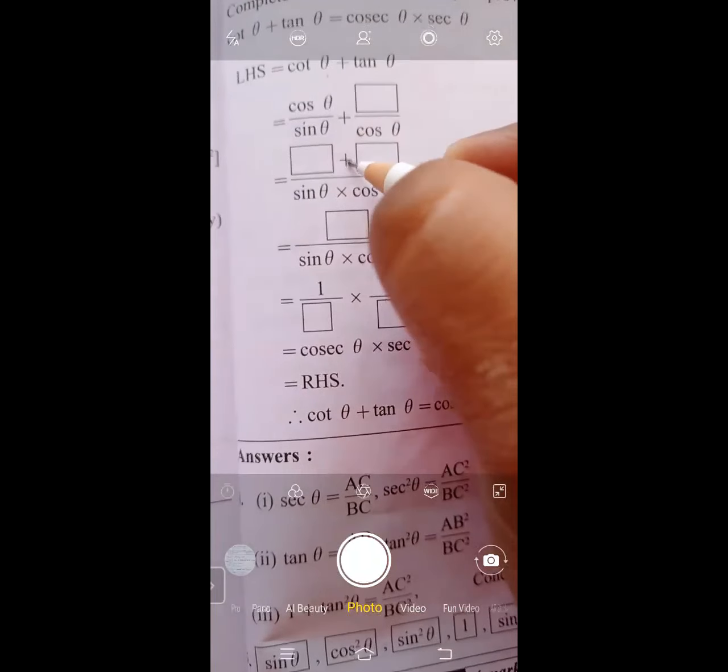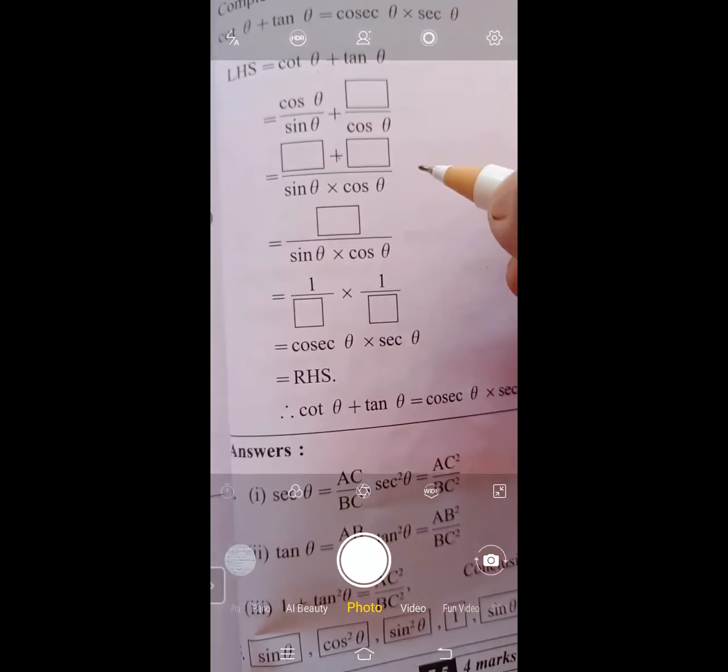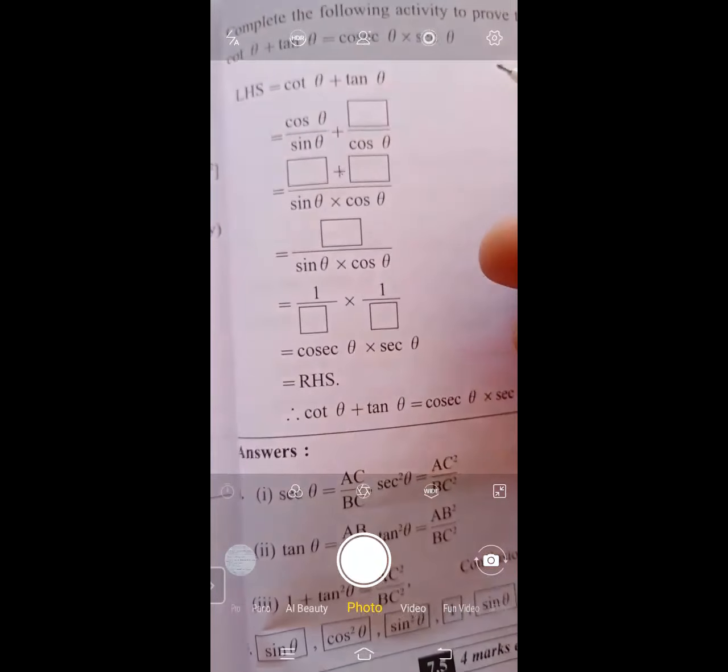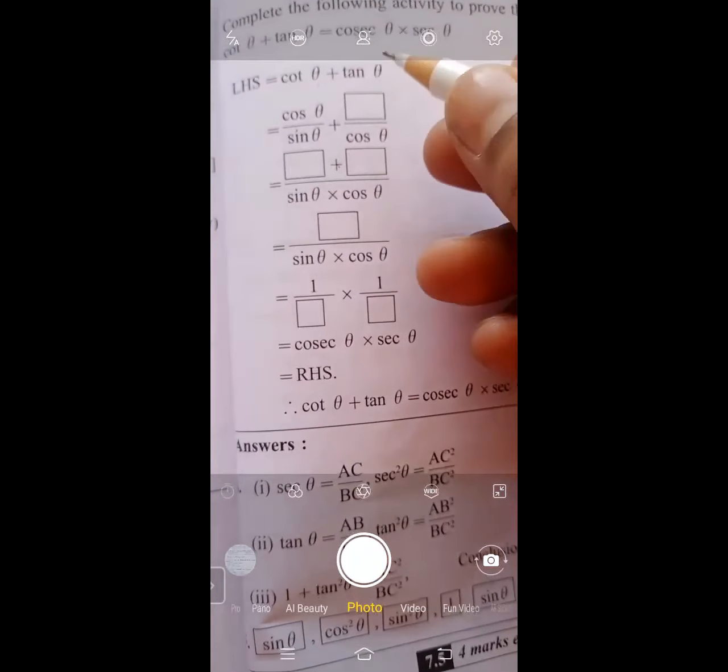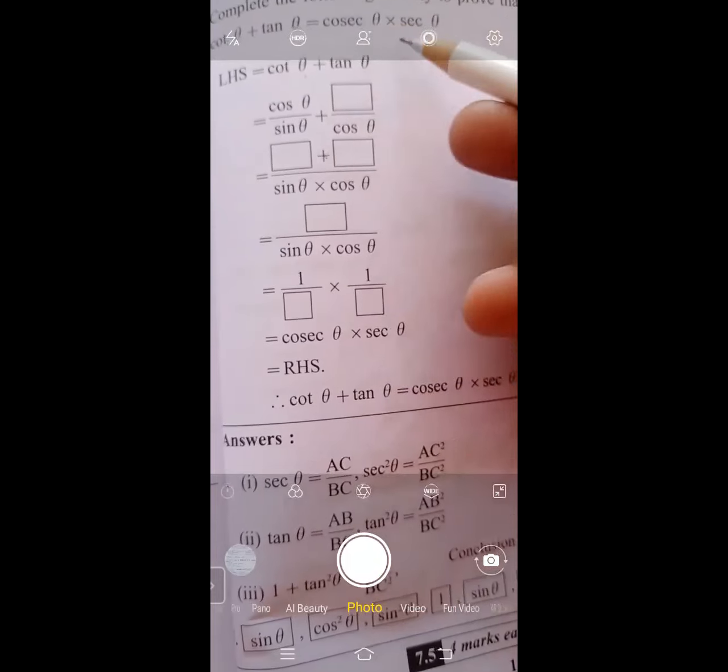As we don't have any direct relationship of cot and tan into sec and cosec, first we will convert it into cos and sine, and then convert it into cosec and sec.